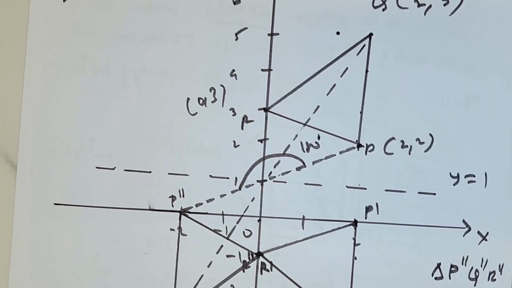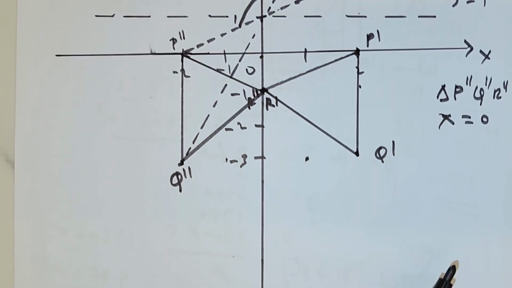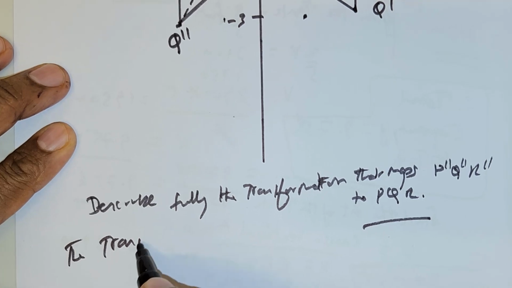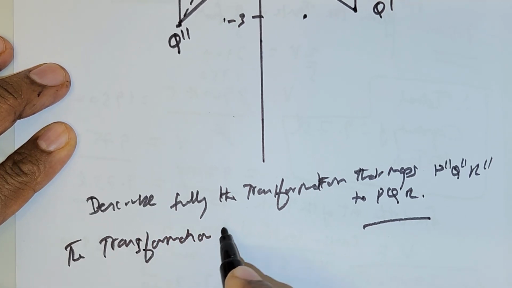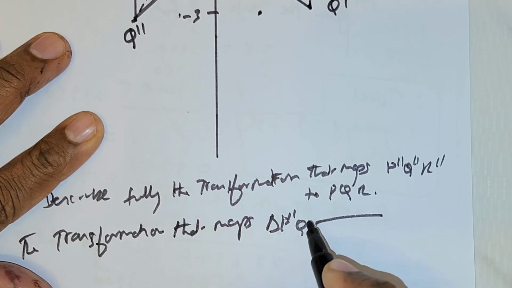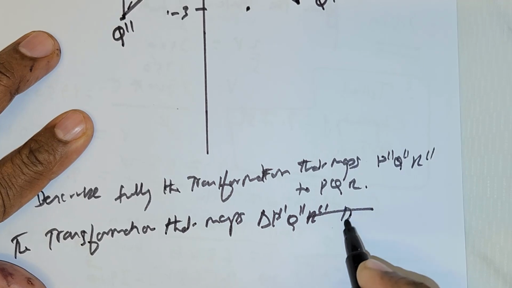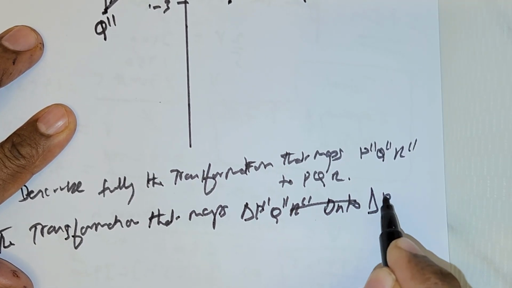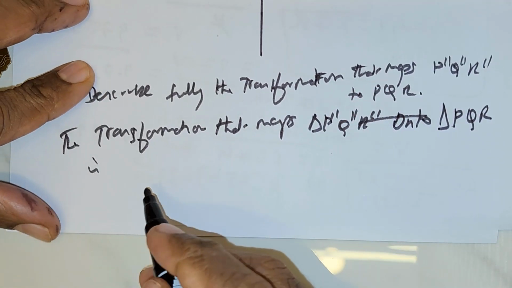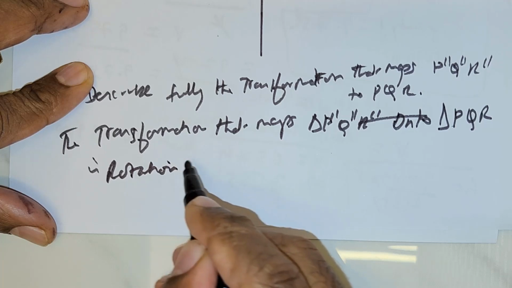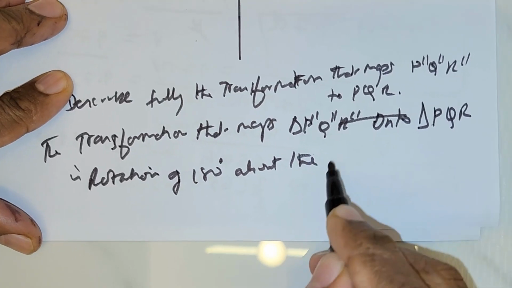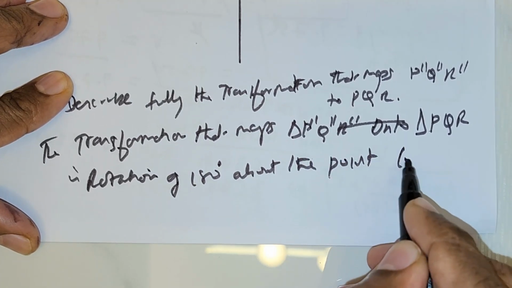This figure is critical. After you have drawn this figure, you will have to write this: the transformation that maps triangle P double dash Q double dash R double dash onto triangle PQR is a rotation of 180 degrees about the point (0, 1).